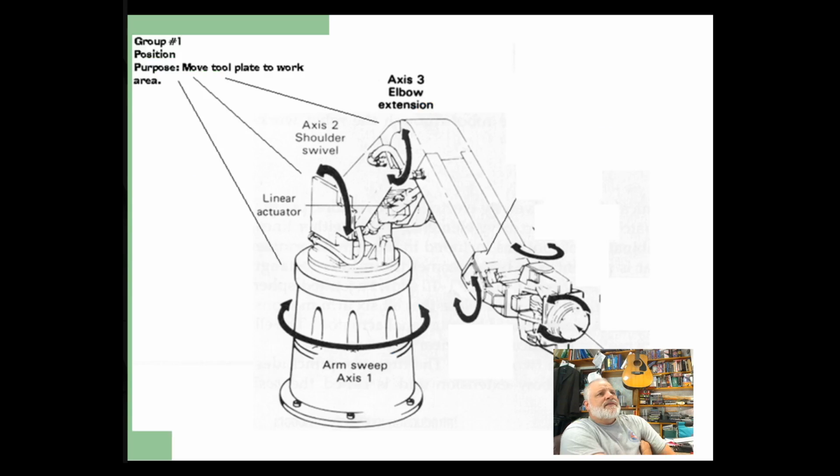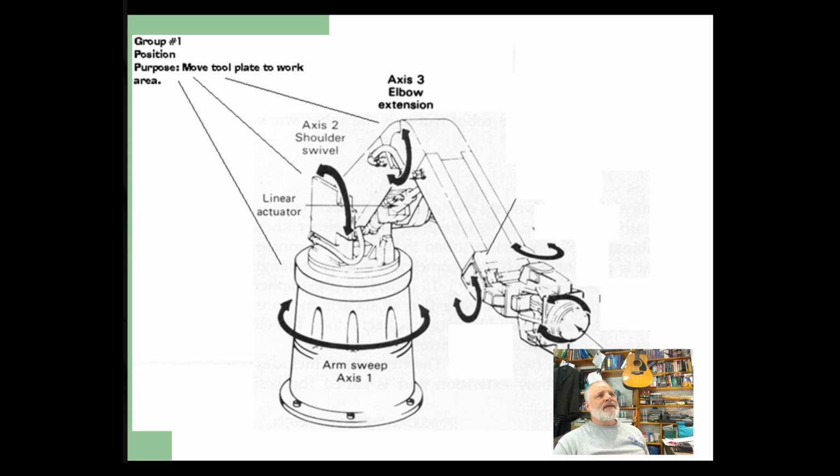Alright, so here's a picture of a robotic arm. You can see at the base at the bottom it's got some bolts. This end of the robot is the part that's mounted and is not going to move. And so axis 1 is always the axis closest to the mount point of the robot. Group 1 includes axes 1, 2, and 3, which, if you think of it as a human, axis 1 is kind of a waist movement, twisting.